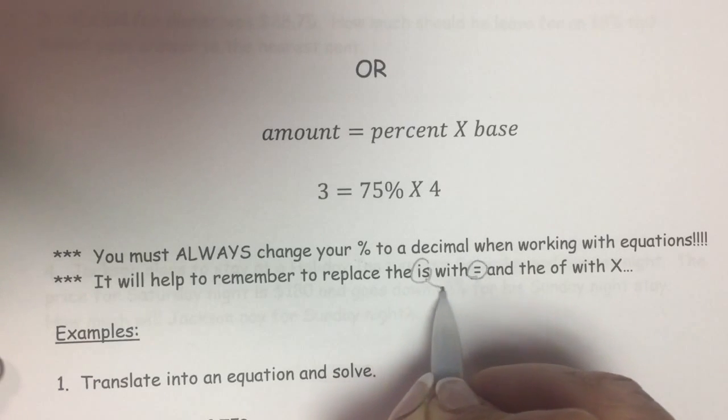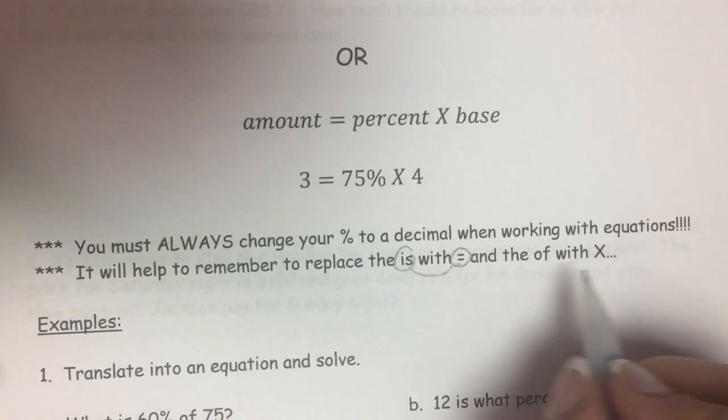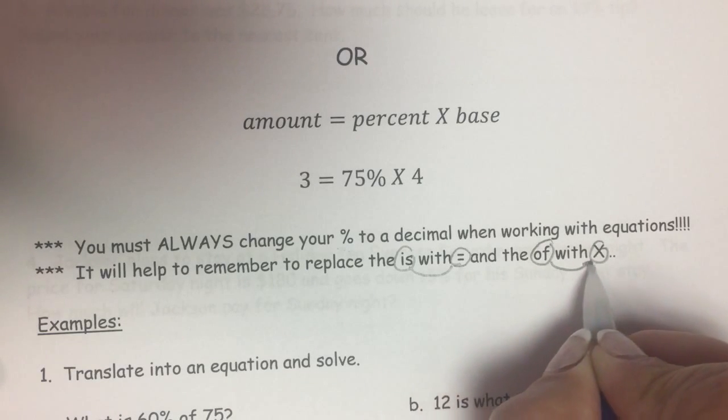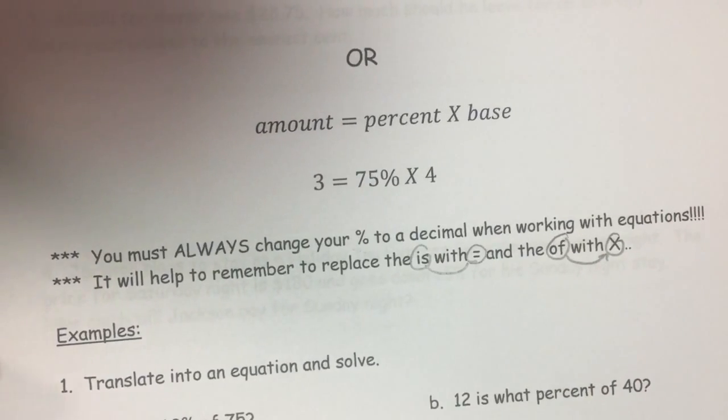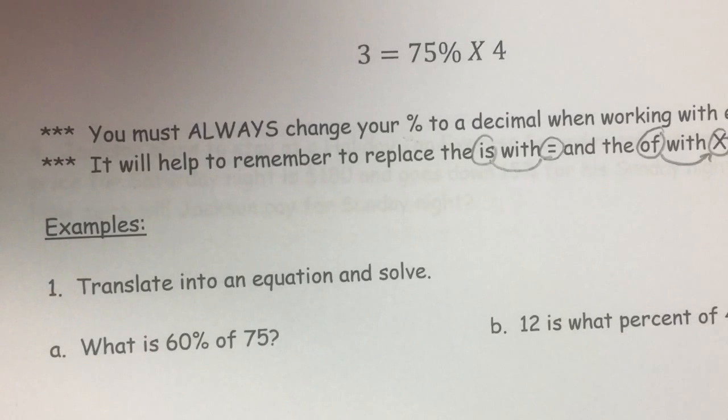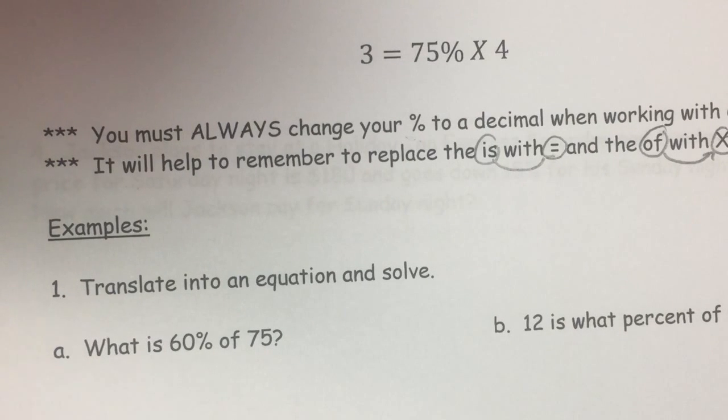So those two are the same. And wherever you see your of, that's where you put your multiply or your times. So is equals, of is times. And if you can remember that, you can do these problems. So please just remember that. I think this is going to make it easier for you.